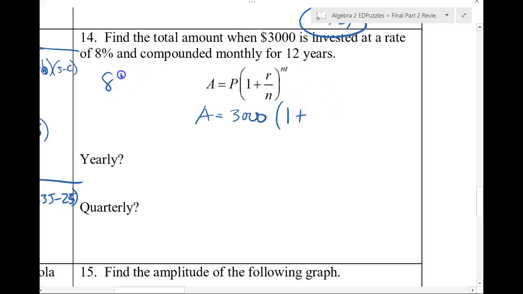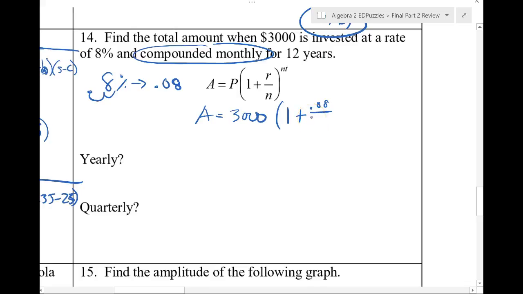But remember, we need to convert percent to a decimal. And we do that by moving the decimal 2 places to the left. So now it's 0.08. Remember, this is very important. Don't forget that step. So that's what goes on top. Then the bottom, the n, is if it's compounded either monthly, yearly, or quarterly, then we need to put a value down here.